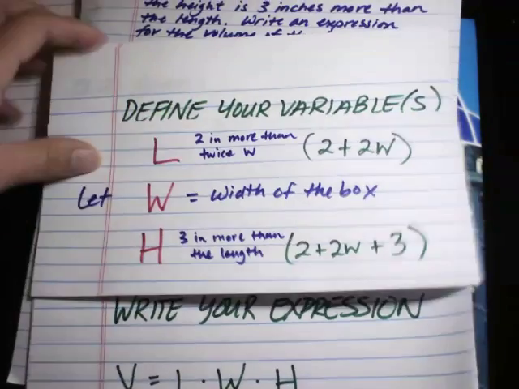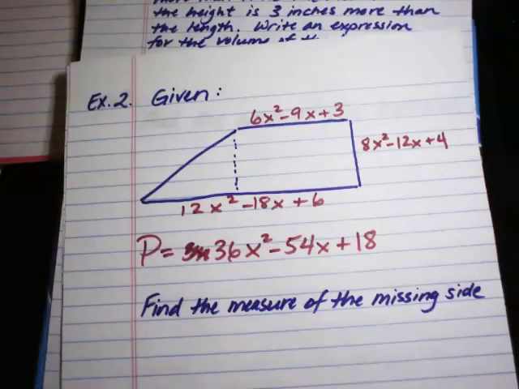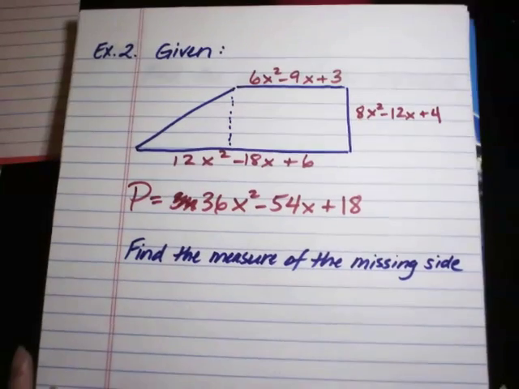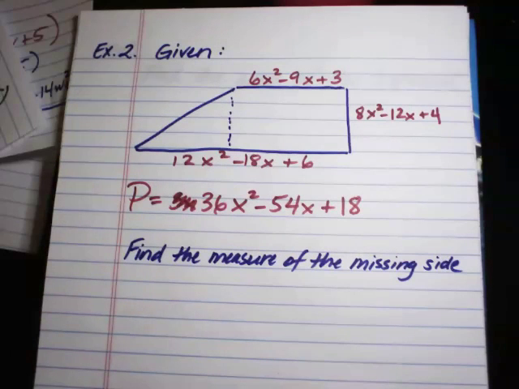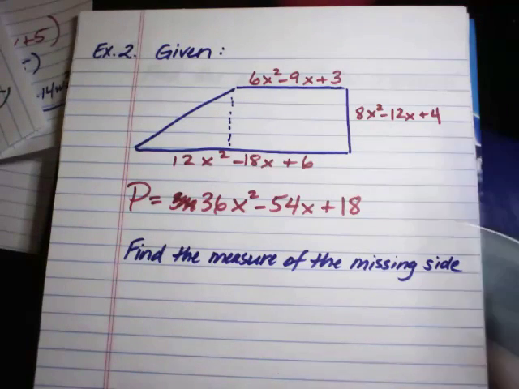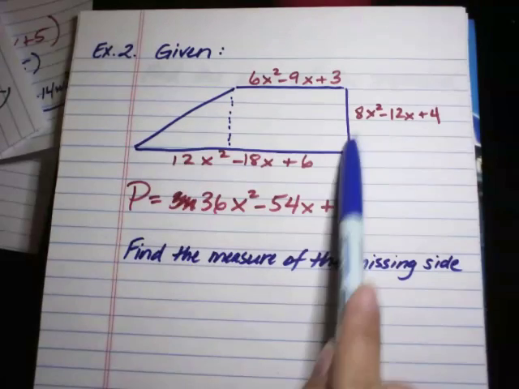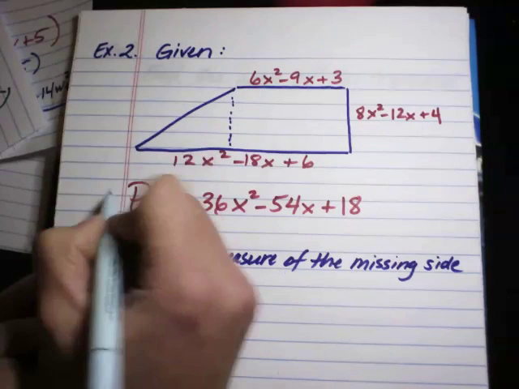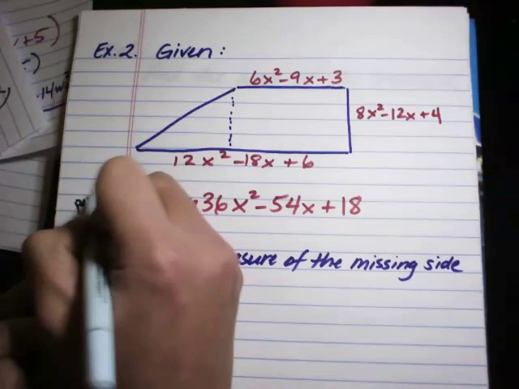So we might come across an example also. Let's do the next example of just relating to perimeter. You may be given a diagram of, in this case, a trapezoid, and you know some information like the length of this side and this side, and then they give you this big P. This big P, just to make a note, is perimeter.